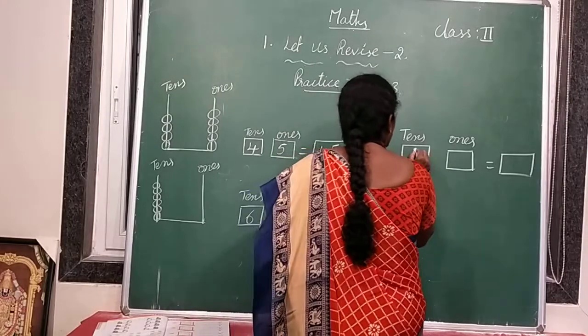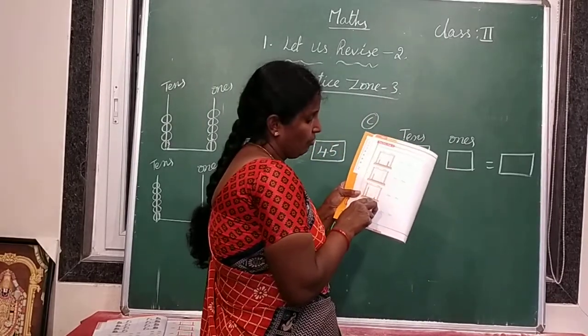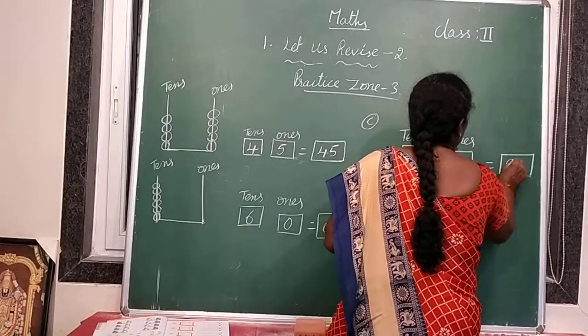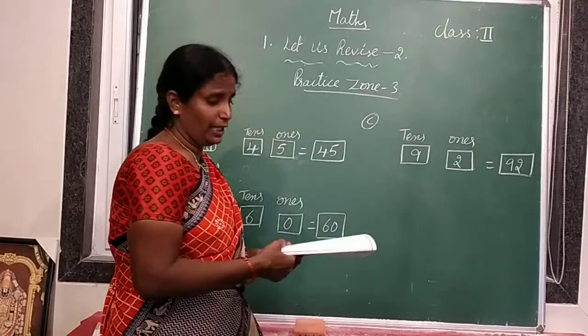So 9 tens are there. And how many ones are there? 1, 2 ones are there. So what is that number? 92. It is nothing but 92.